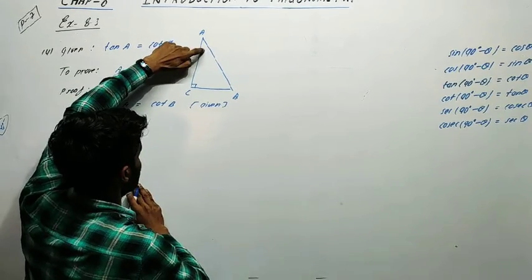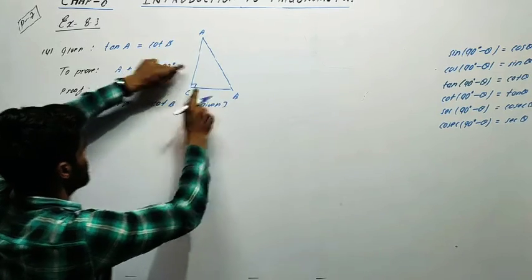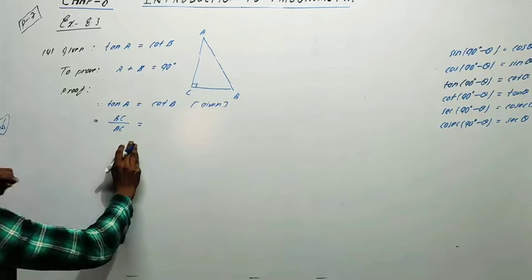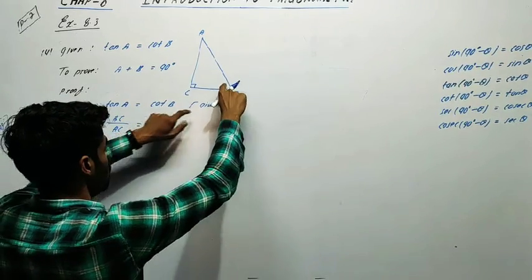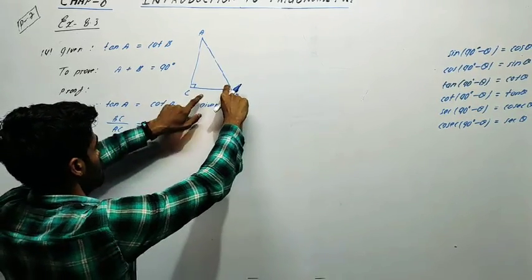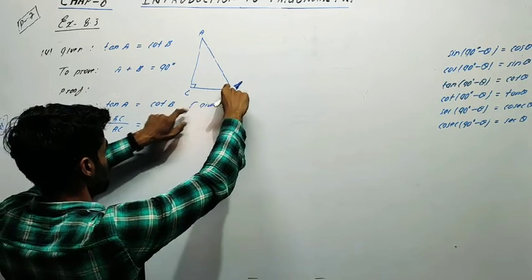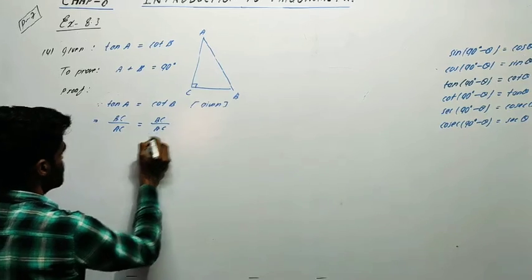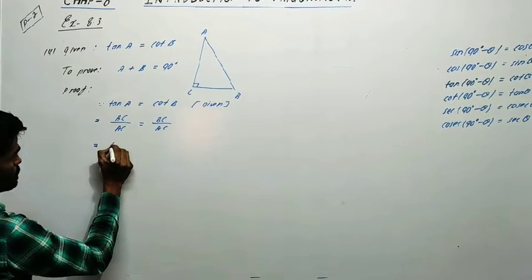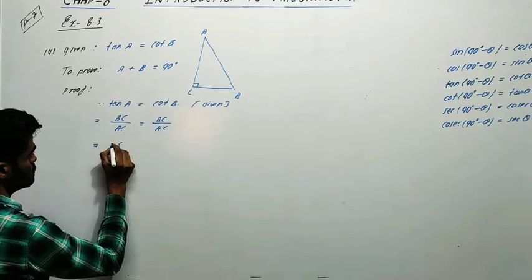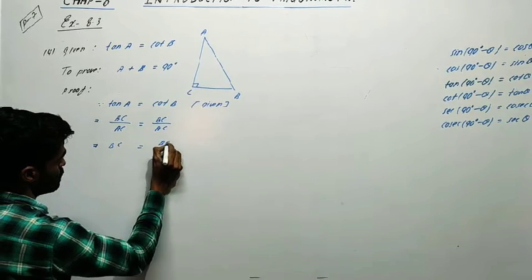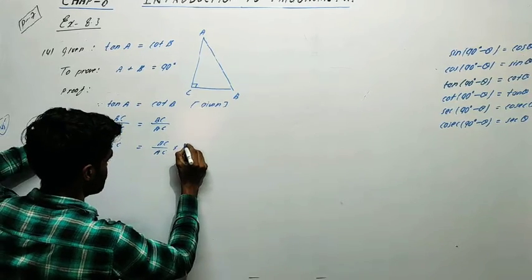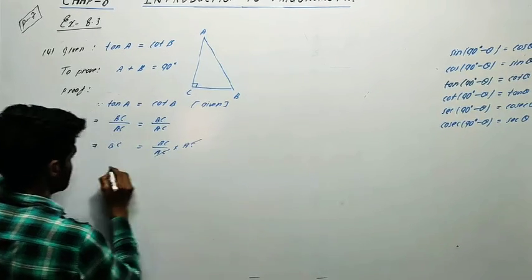So tan value for angle A, perpendicular upon base, means BC upon AC is equals to cot value of B. Cot is the ratio of base and perpendicular. For angle B, base is BC and perpendicular is AC. BC upon AC. AC will be multiplied in RHS. AC cancel out.